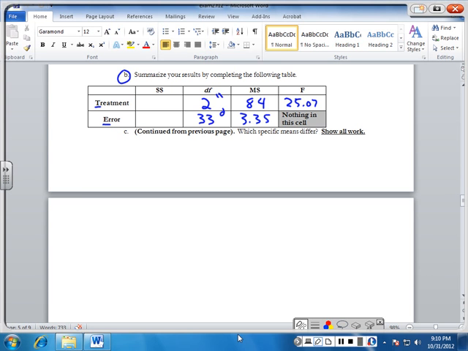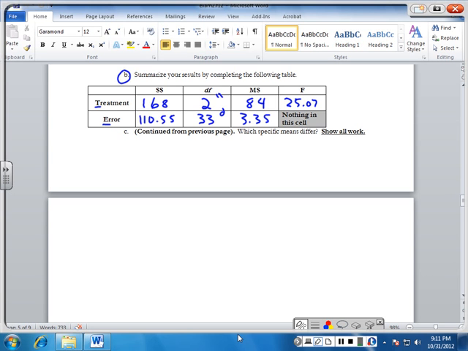And then the sum of squares. If you had gotten just that part that's right there, I would have given you full credit. The sum of squares would be 84 times 2, which is 168. And then the mean square times the degrees of freedom for error will give you 110.55.